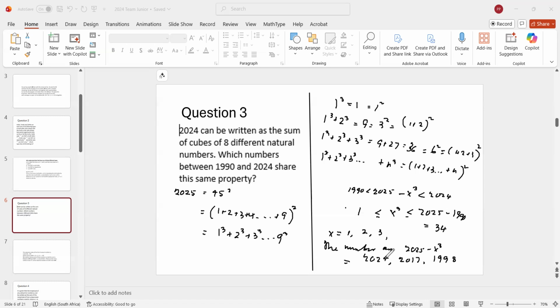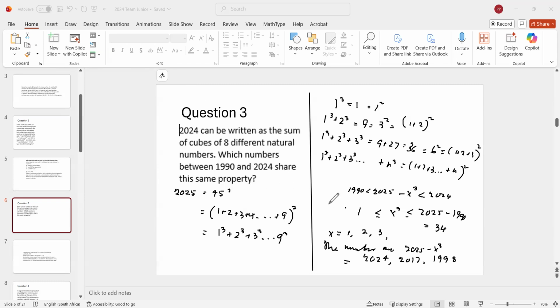Like for instance, if you want to know what this is, here you have taken away 1. So it will be 2 cubed plus 3 cubed plus 4 cubed all the way up to 8 cubed that will give me the first answer. All right, like that you can get the others. So that takes care of which numbers.